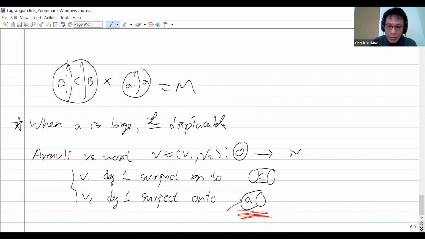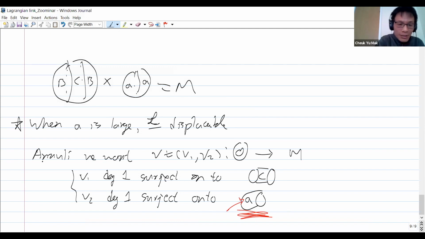This number A will be relevant to the computation of the superpotential, and this is the main reason why it is relevant.